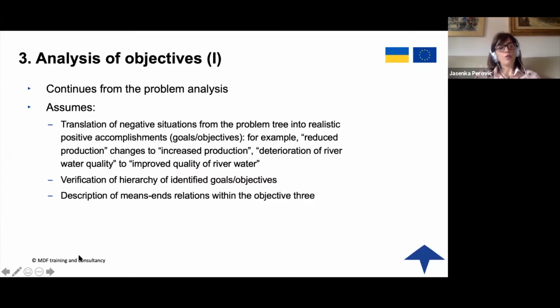For example, reduced production changes to increased production, deterioration of river water quality goes to improved quality of river water, and then you also verify the hierarchy of the identified goals and objectives. There should be a description of means and relationships within the objective tree.